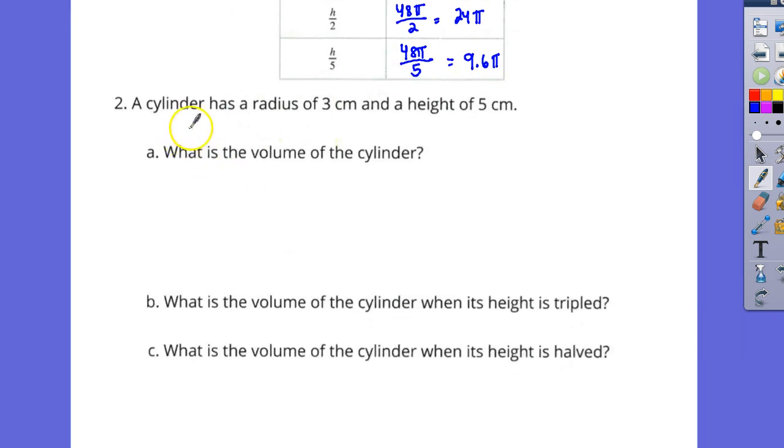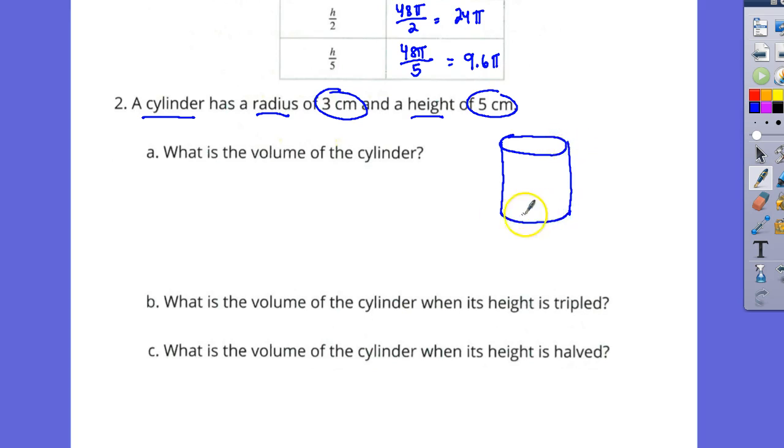For number 2, you are given a cylinder with a radius of 3 centimeters and a height of 5 centimeters. So let's sketch that cylinder over here. You're going to draw an oval and another oval down here.